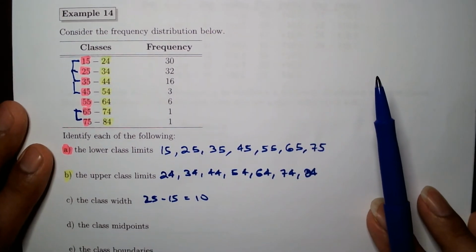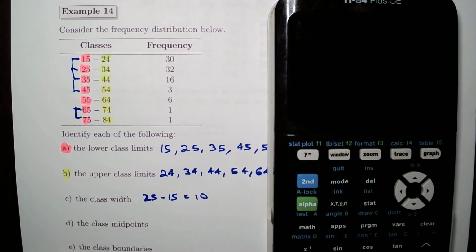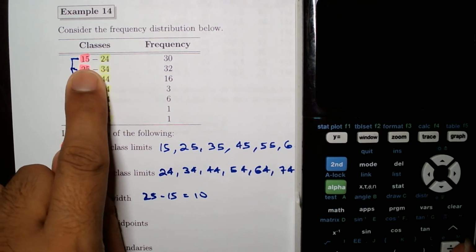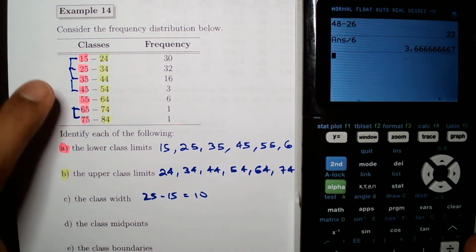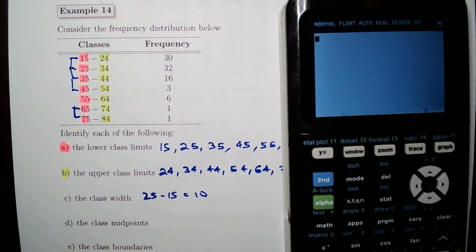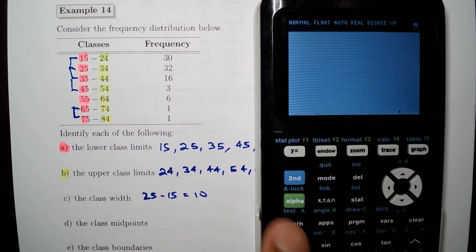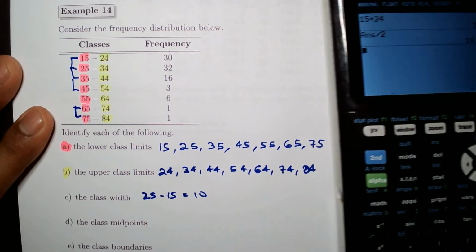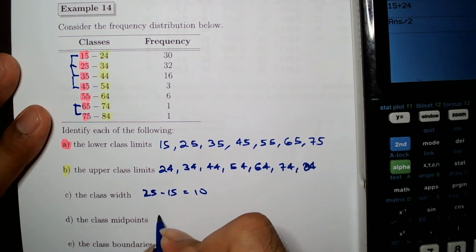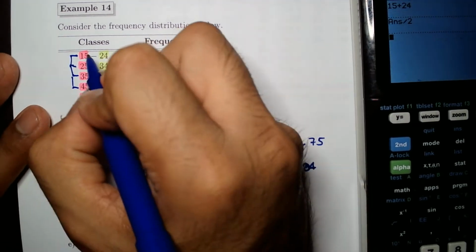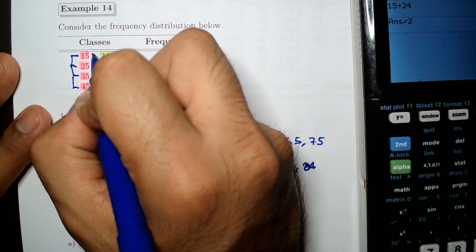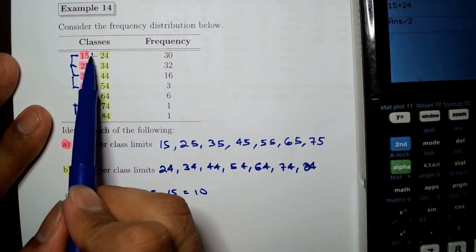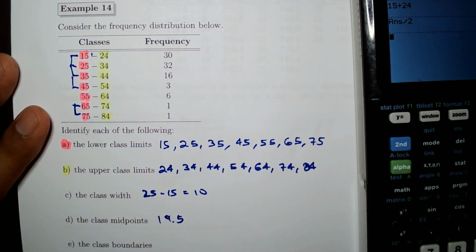For example, I'm going to calculate the class midpoint of the first class: 15 plus 24, then divide by 2, and we get 19.5. So 19.5 is exactly the midpoint of this first class.